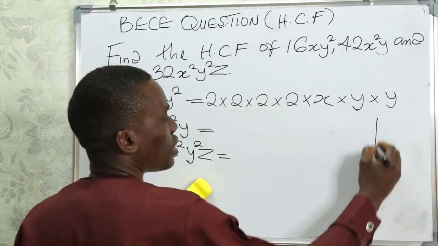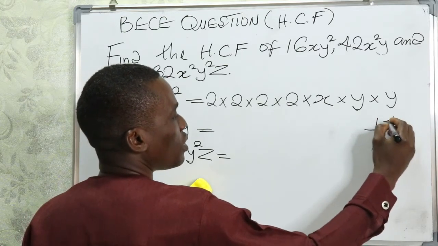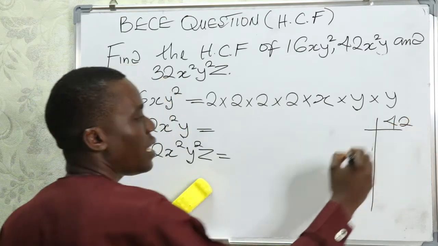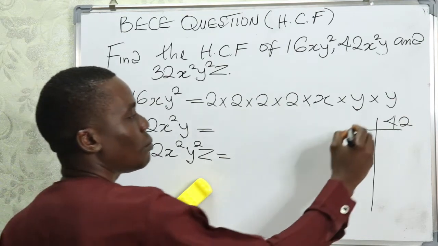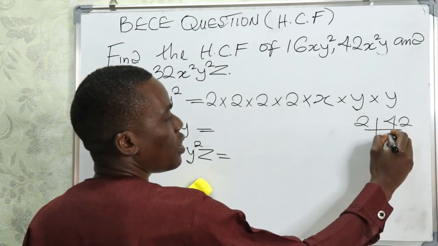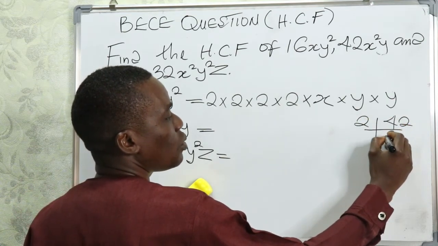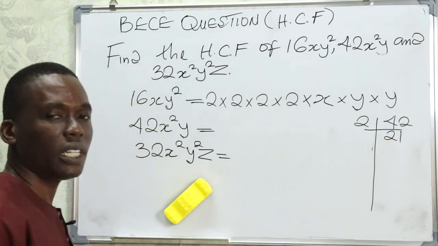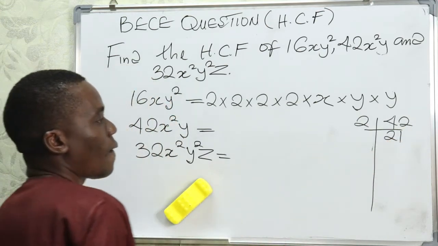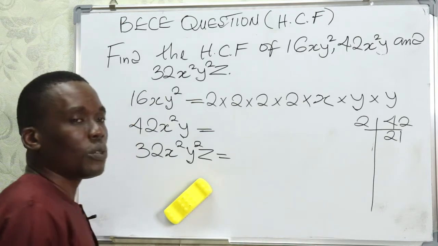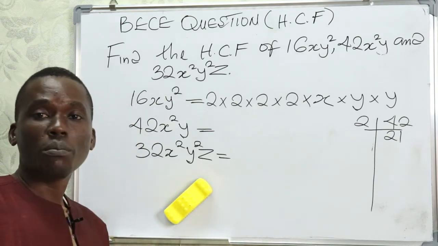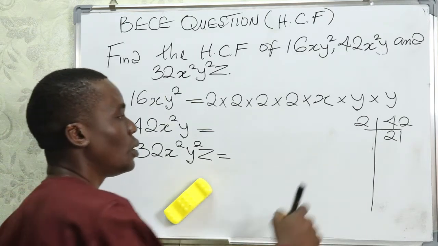Now the next thing we need to look for is the factors of 42. For the fact that it ends with 2, that means it can be divided by 2. 42 divided by 2 will give you 21, right? Good. 21 divided by 2, is it possible? It's not possible.